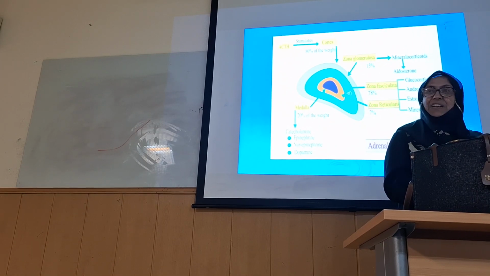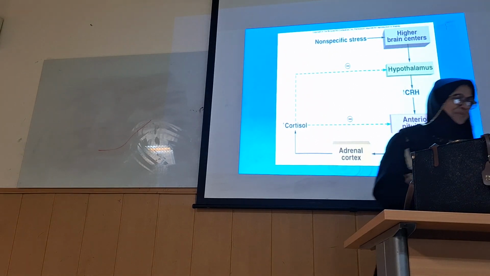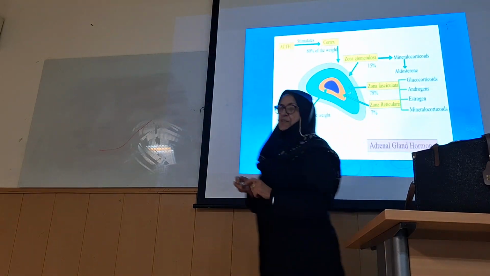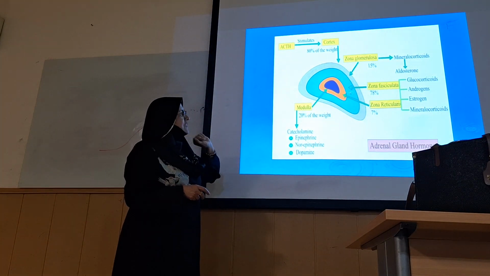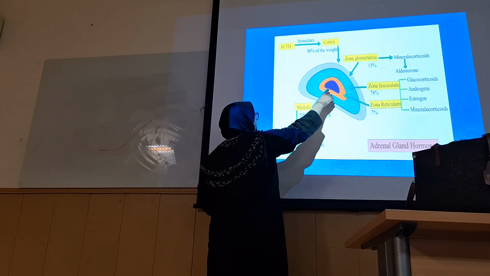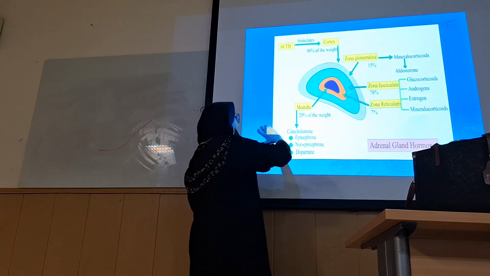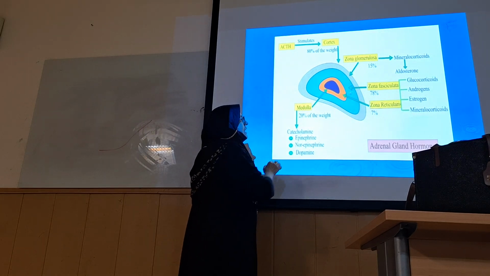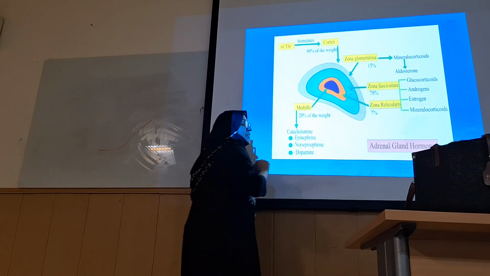This slide shows the percent of this area. For example, I told you approximately 20% of the adrenal gland is the adrenal medulla. Okay? Approximately 80% is the adrenal cortex.